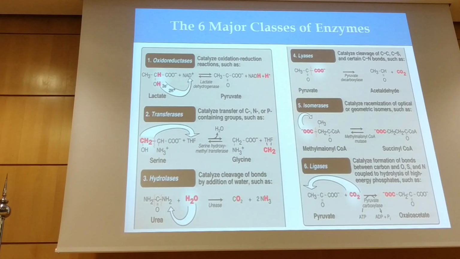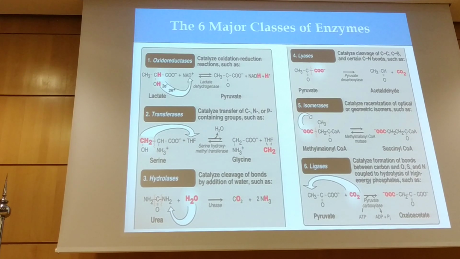You can see the pyruvate decarboxylase, we have acetaldehyde and the release of CO2. Now, how many reactants do we have here? 1. How many products do we have? 2. That's a lyase. I know this is the simplest way, I would say survival for people just to figure out what's the function here.